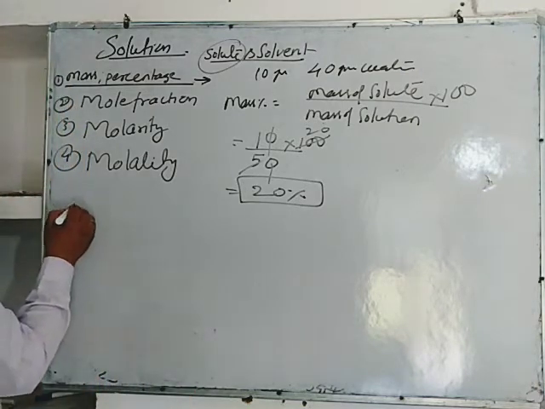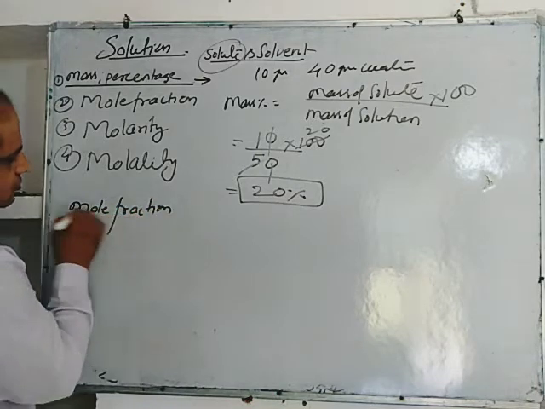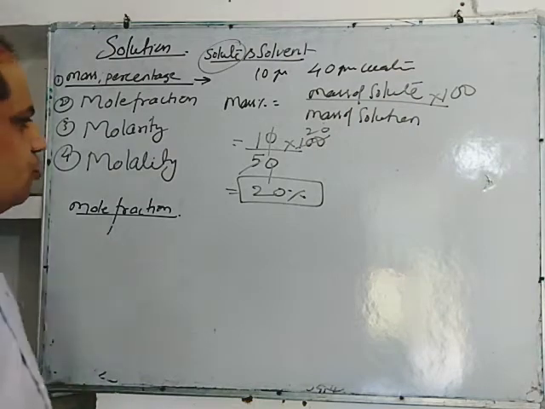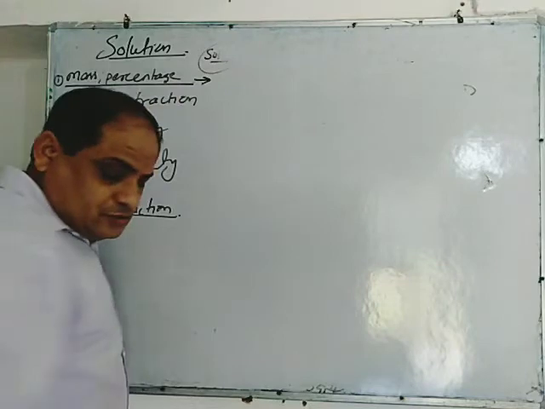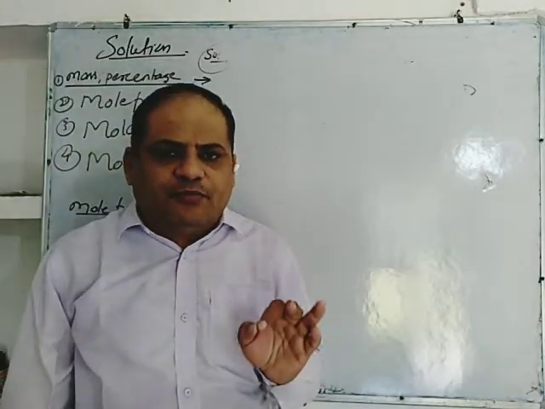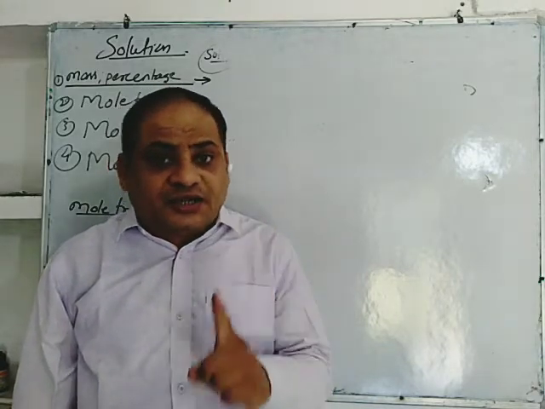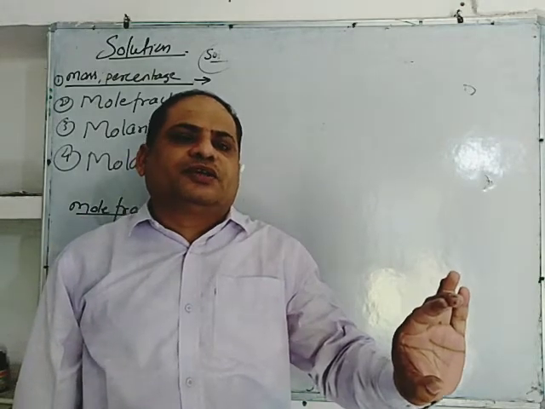Secondly, mole fraction. What is mole fraction? In a solution there are many components, so the mole fraction of any component is defined as the ratio of the number of moles of that component and the total number of moles present in the solution.